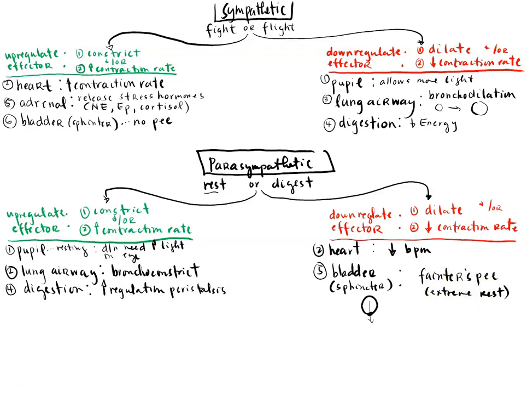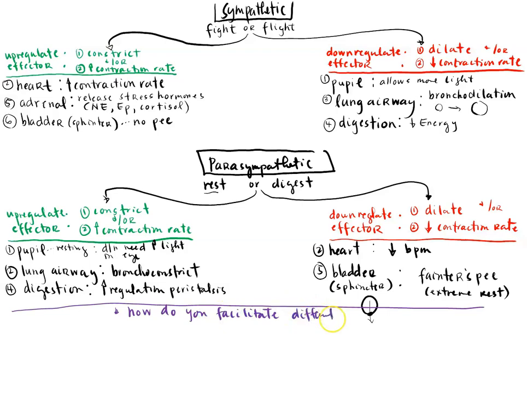All right, so I want to point out something very important. Okay, so I'm going to draw this line in the sand, if you will. And I'm going to write in purple, right? Now I want to ask you folks a question. How do you facilitate all these different cellular responses?